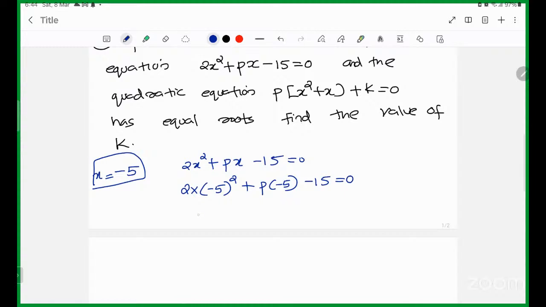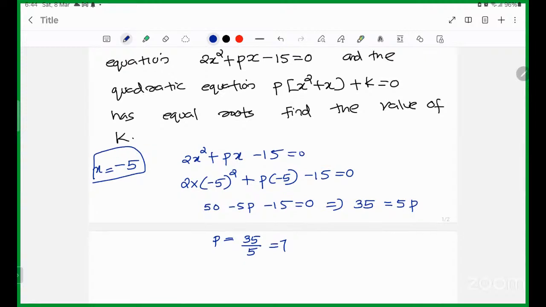So 5 square 25 into 2 is 50, 50 minus 5p minus 15 equal to 0. From this you get 50 minus 15 equal to 35, 35 equal to 5p. So 35 by 5 equal to 7. So that is the value of p.